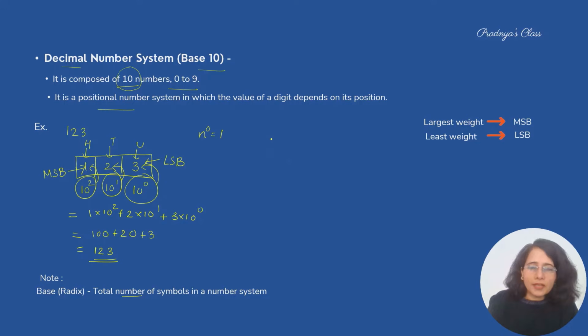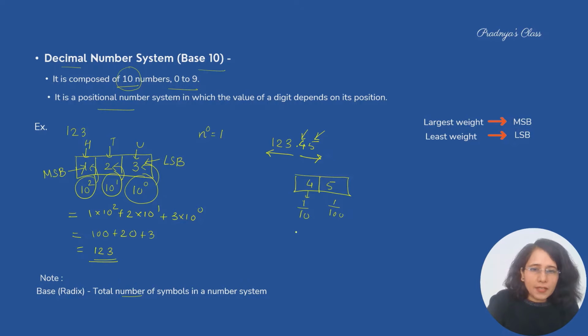I am going to take the same number with some fractional part. So 123, let's take 0.45. You know 4 is at the tenths place and 5 is at the hundredths place. So we can write these as 1 by 10 and 1 by 100.